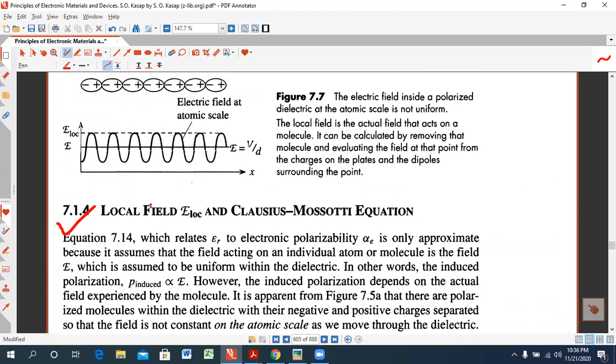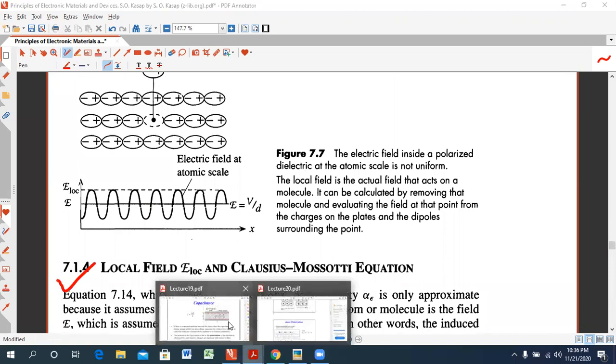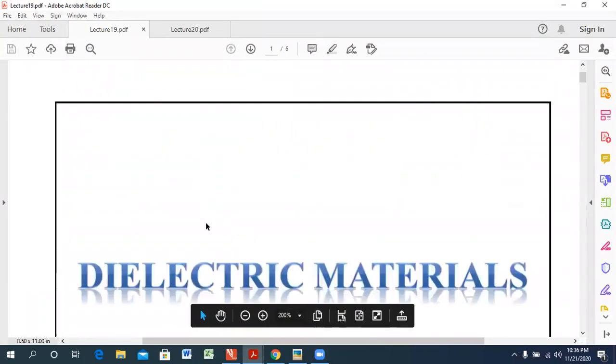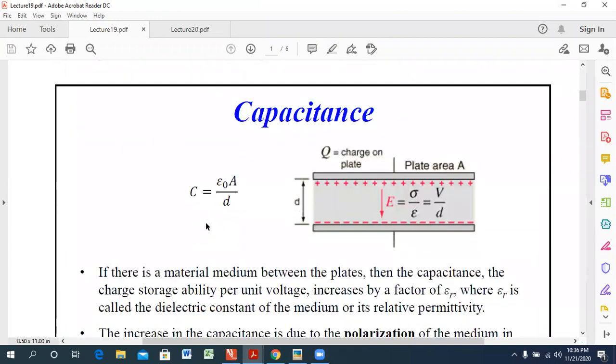I am also sharing the lecture note from Ward, and I think you can go through these things also. This is the 19th class lecture of Ward, on dielectric materials and capacitance.